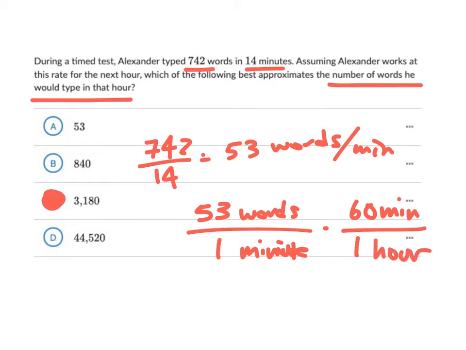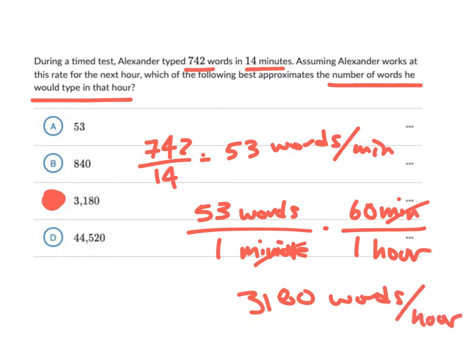Okay? If I take minutes and divide it by minutes, it divides out, just like anything. Then you take 53 times 60, and you get 3,180 words per hour. That's how I did it.